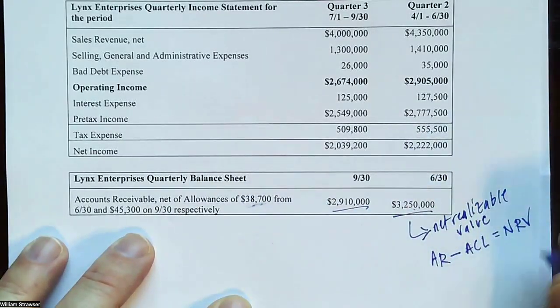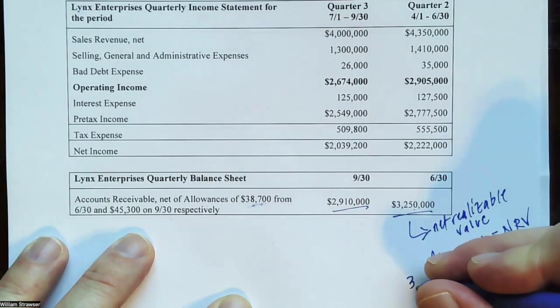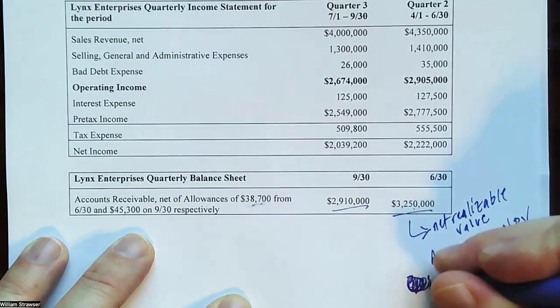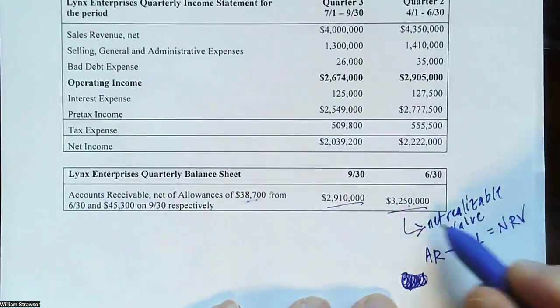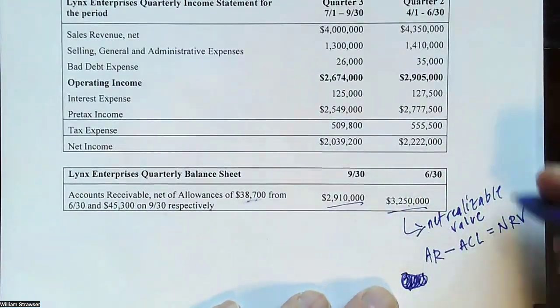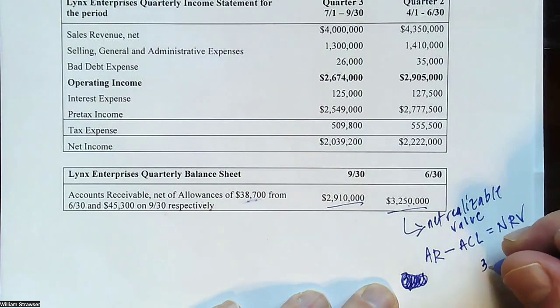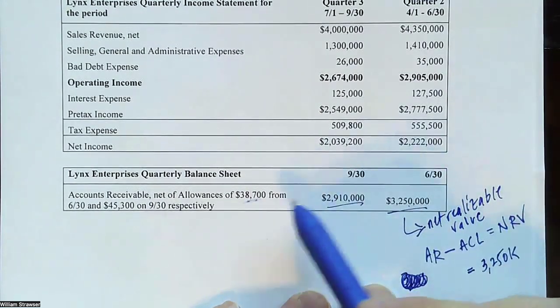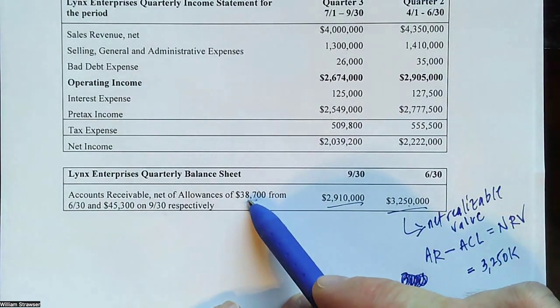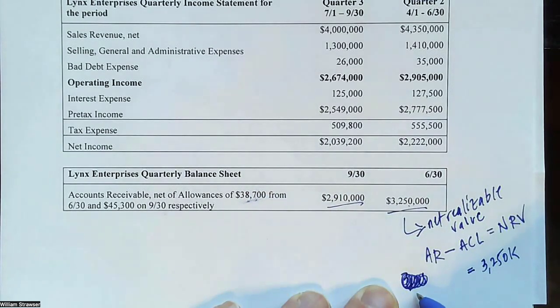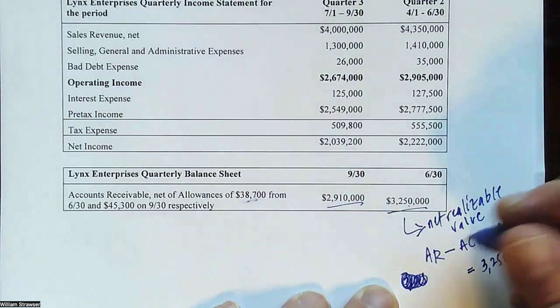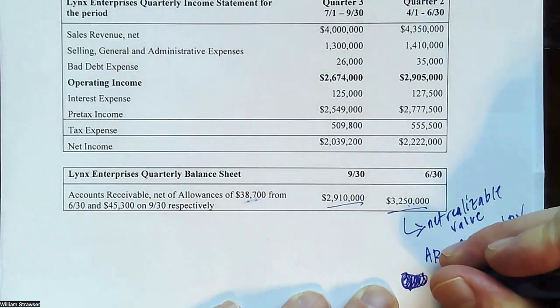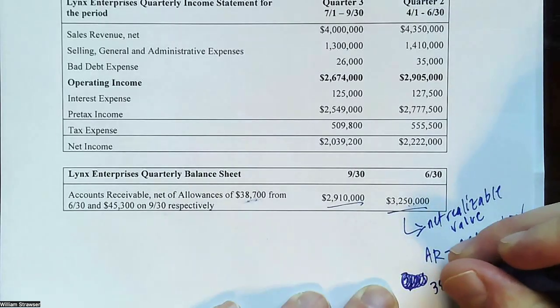So putting that into this piece here, that's 3,250,000. This is my net realizable value, $3,250,000. And that equals what my receivables balance is after I've taken away the $38,700.